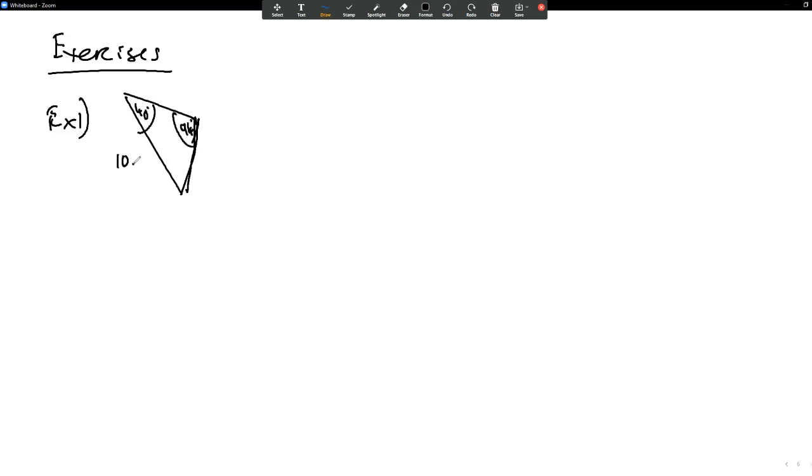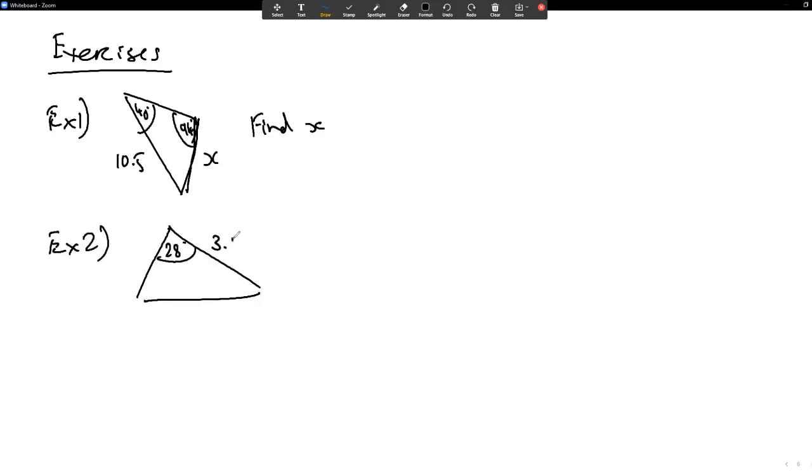This is 10.5. And this is x. So find x. For a second example, this is 28 degrees. This is x. Find x.